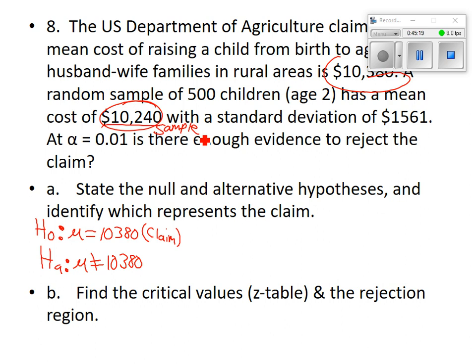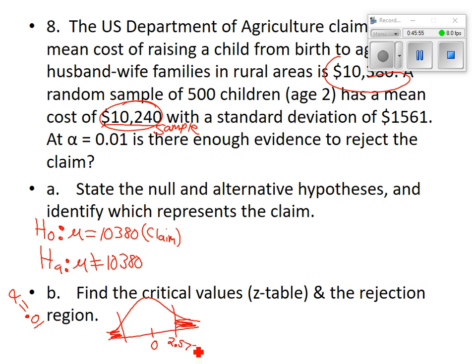Find the critical values on the table and the rejection regions. Again, draw it. Left-tailed, right-tailed, or two-tailed? What was our alpha this time? 1%. So looking at that little chart, 1%, two-tailed. 2.575.